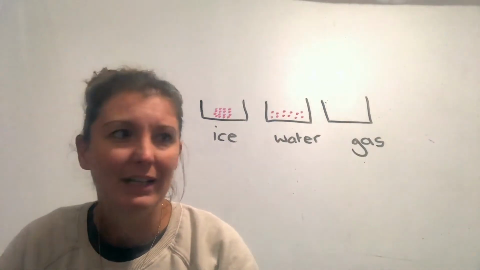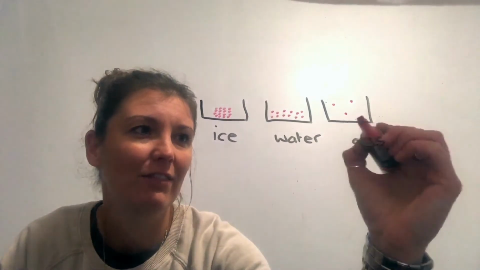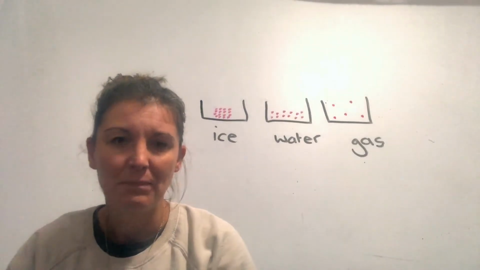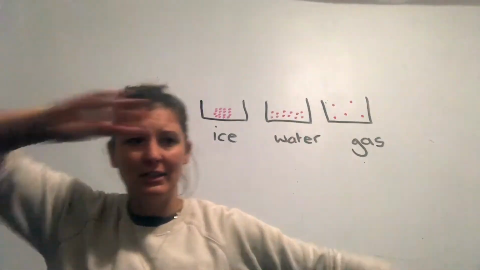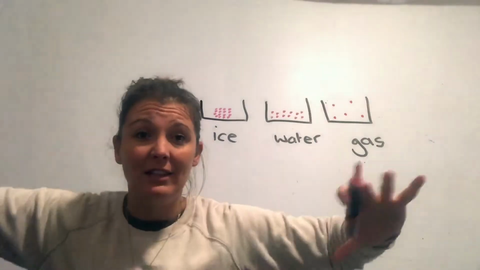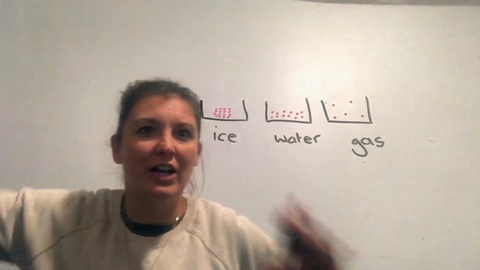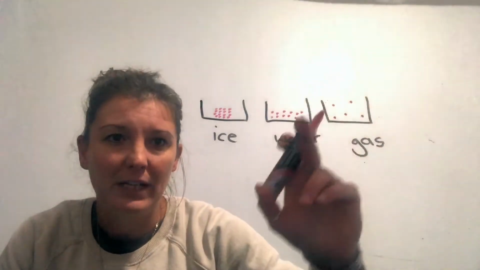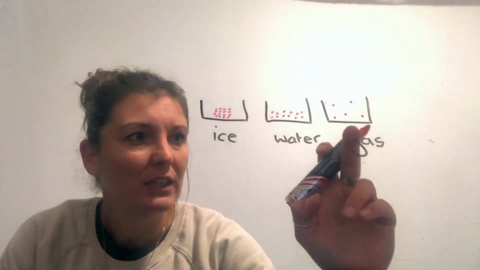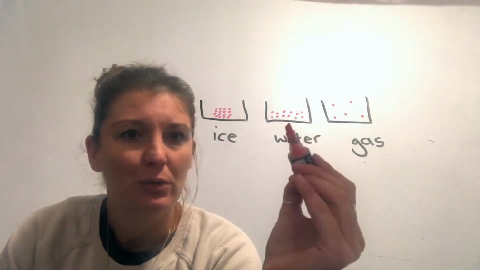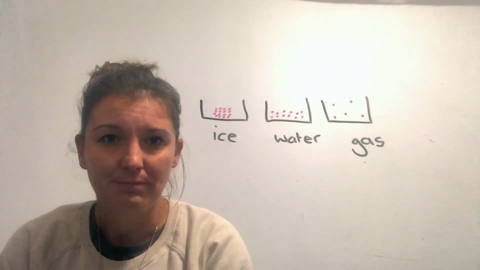And then when we get to a gas, that's a full-on party that's happening there. They are dancing around and going crazy. And when you're dancing like that, you need more space. So there's heaps of space between these little particles compared to water and then compared to ice.